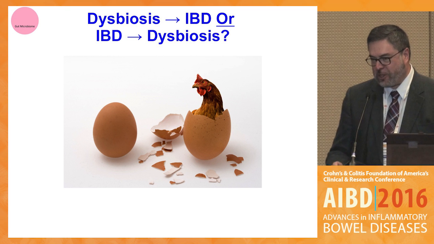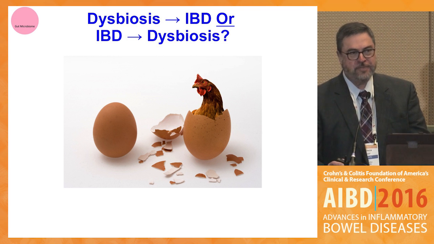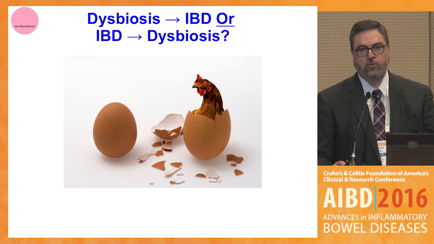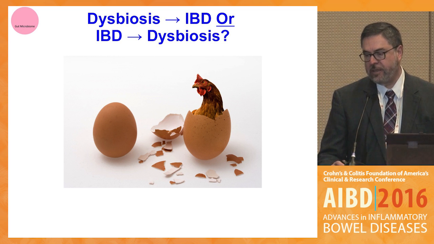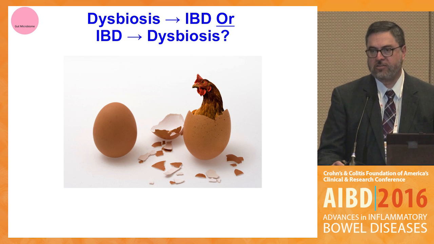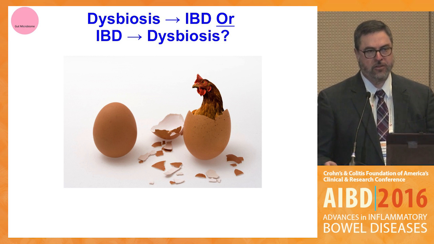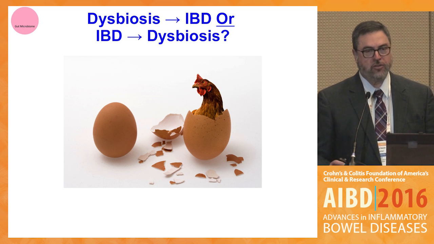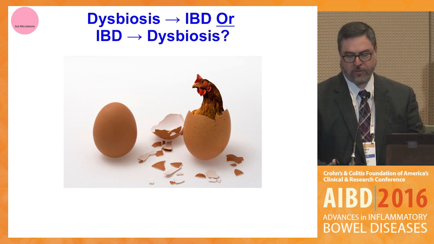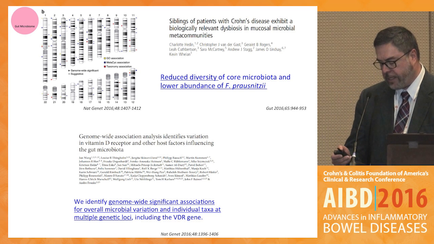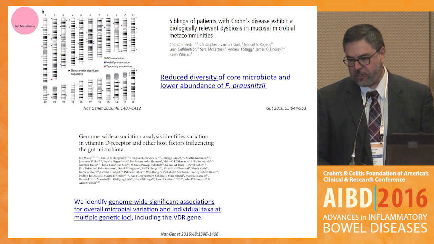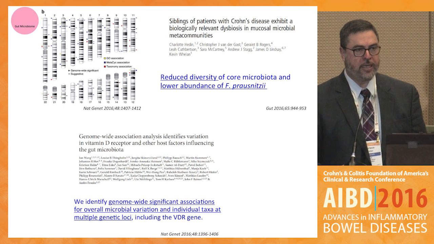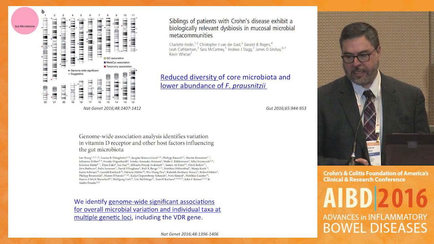Okay. So in the dysbiosis that we've heard about, what is not really clear is what is the chicken and what is the egg, right? So is the IBD causing the dysbiosis, or is the dysbiosis causing the IBD? So I'll cut down to the punchline. It's probably a little bit of both. So this is a study recently published in Nature Genetics from the GEM study, Genetics, Environment, and Microbiome by Kane Cortoro and colleagues from Canada.